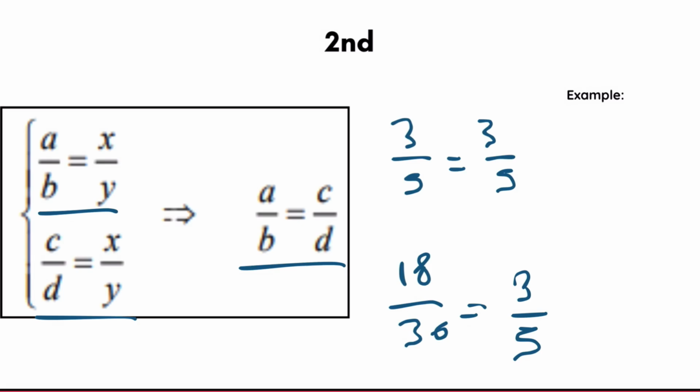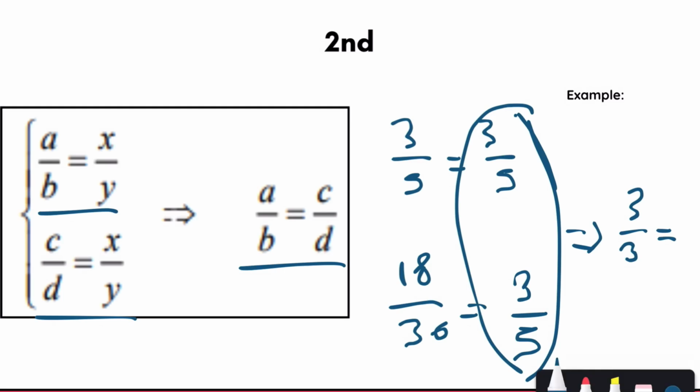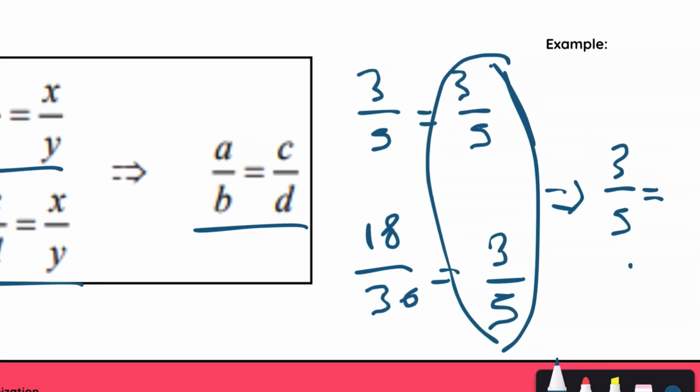Because both of them are equal to 3 divided by 5, we know that 3 divided by 5 is equal, oopsie, this is not 3, this is 5. 3 divided by 5 is equal to 18 divided by 30.